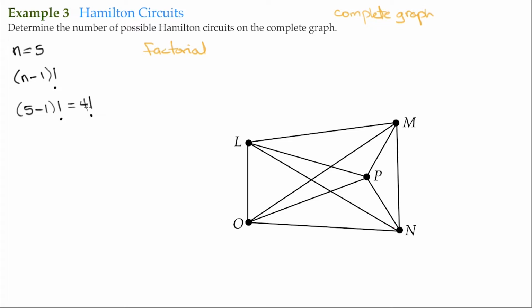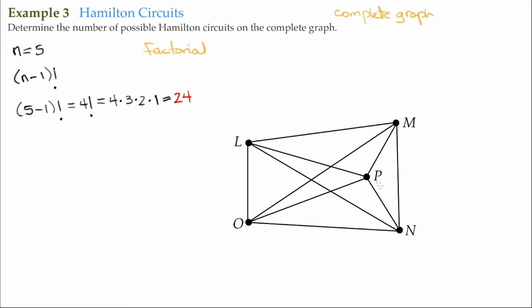So what is 4 factorial? Well, this is a shorthand for 4 times 3 times 2 times 1. 4 times 3, that's 12, times 2, that's 24, times 1, so that's equal to 24. So there are 24 possible Hamilton circuits for this complete graph here.